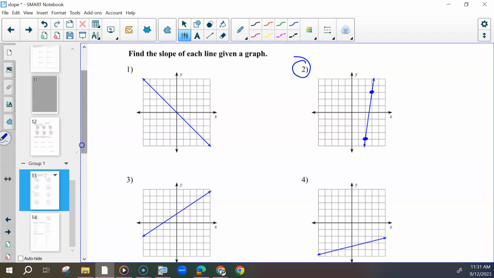Now we have our 2 points. Now we can count our slope. Count how many units it takes to get up, your rise. How far did we go up? And then how far over? 1.